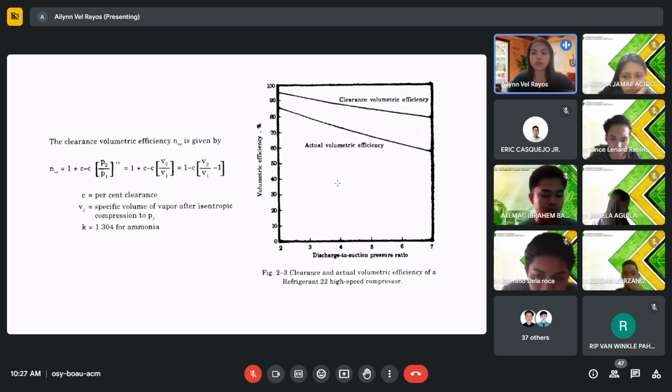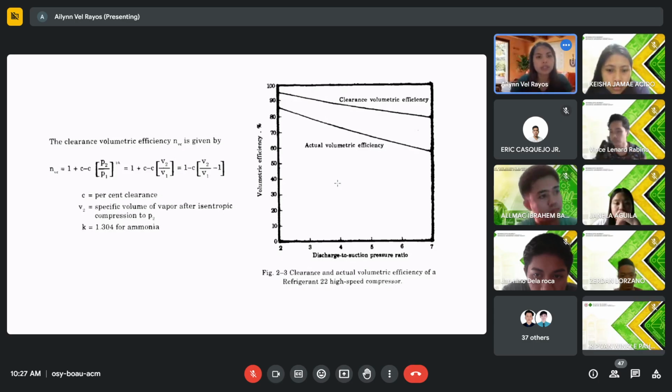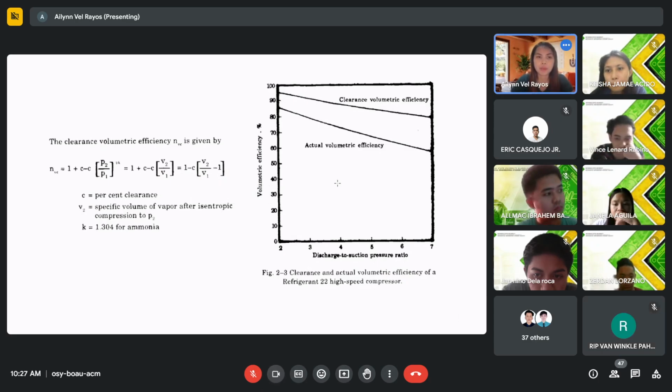So again, K value is different from or dependent on the refrigerant that you're using doon sa cycle. Okay ba tayo doon? And then multiplied by the quantity P2 over P1 raised to 1 over K. So that is also equivalent to 1 plus C minus C times V2 over V1.